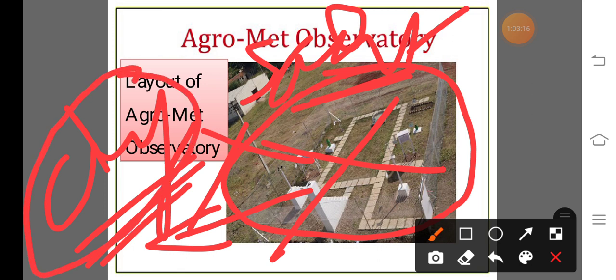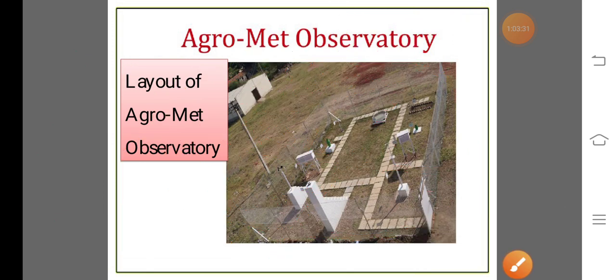That means the soil used for the cultivation of crops, the representative type of soil, is preferable. In that type of soil, installation of the Agromet observatory is necessary.